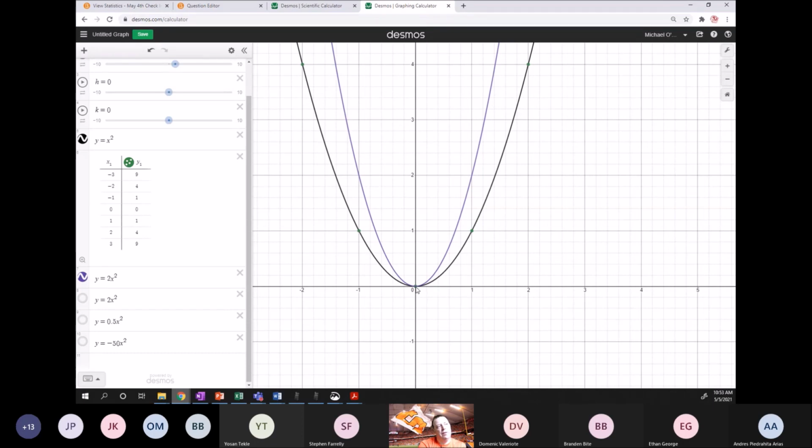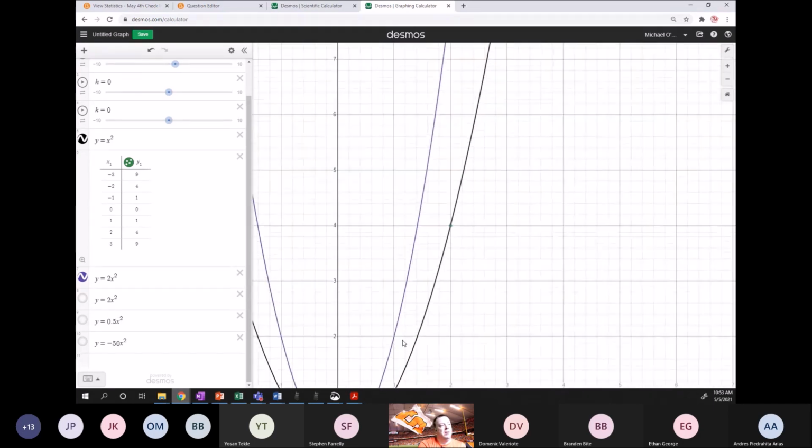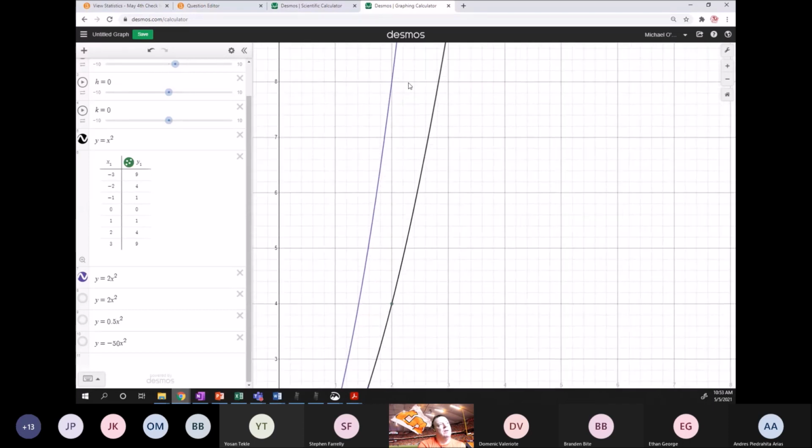To get to the first point, I go over 1, and this time I have to go up 2. So it was 1, 1, but now it's 1, 2. Now what's my next step? Usually it's 1, 3. Now with the purple one, which has a 2, I go over 1, and then I go up 1, 2, 3, 4, 5, 6.